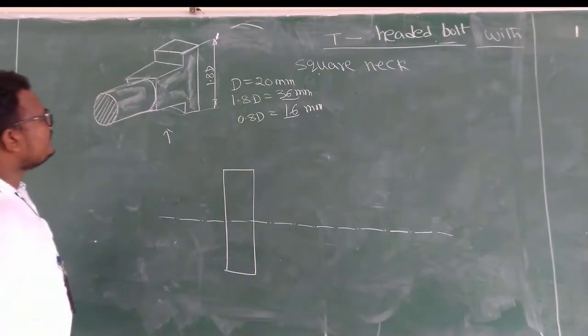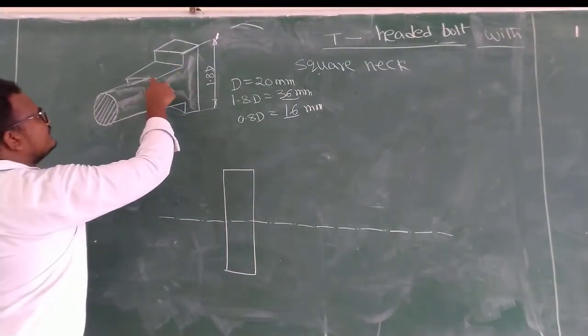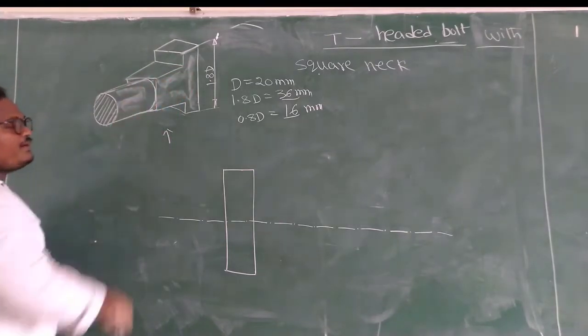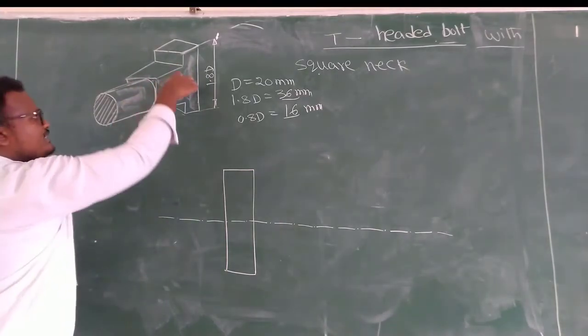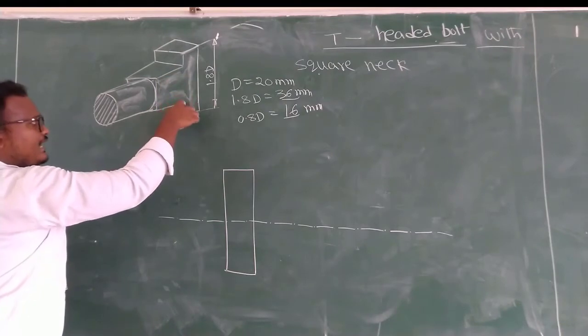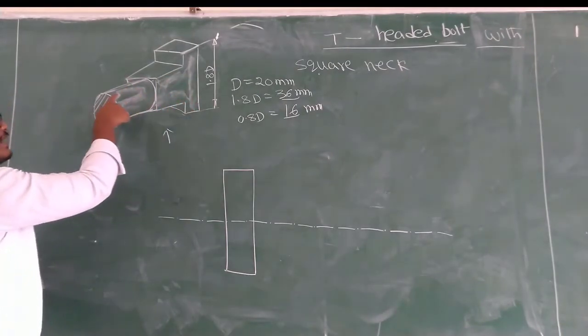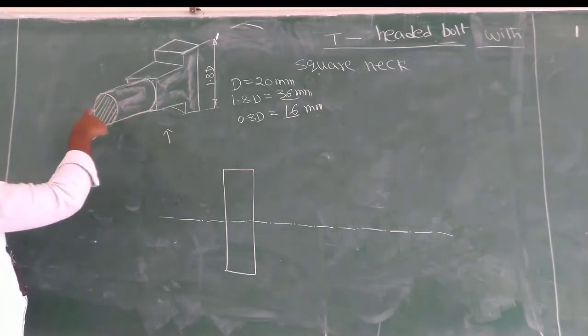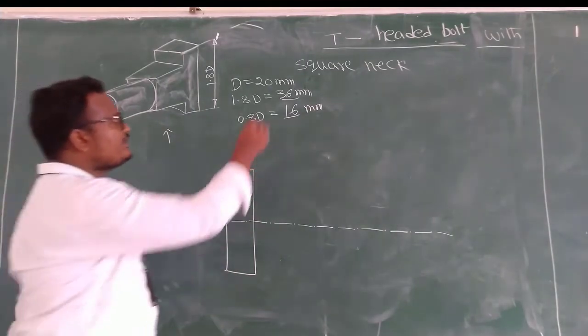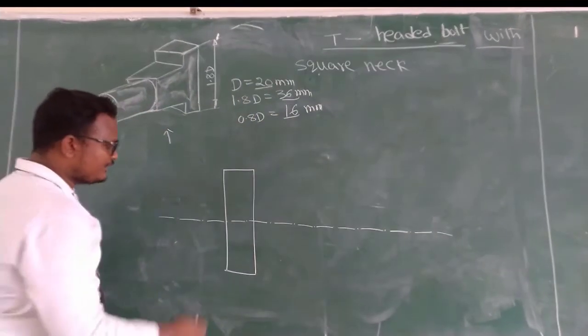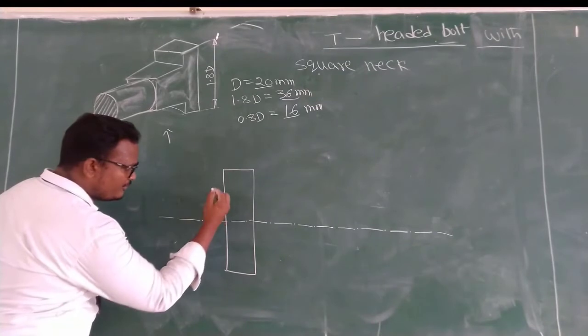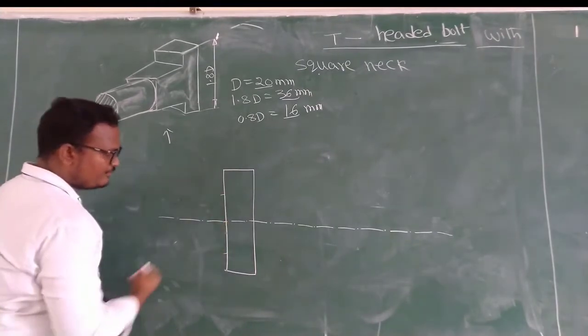After that, the neck width, how much? 0.8 D only. But what is the height? This height is the same as the diameter of the bolt. Initially the diameter is 20 mm, so 10 mm here and 10 mm here.